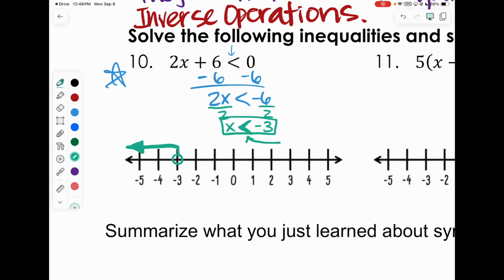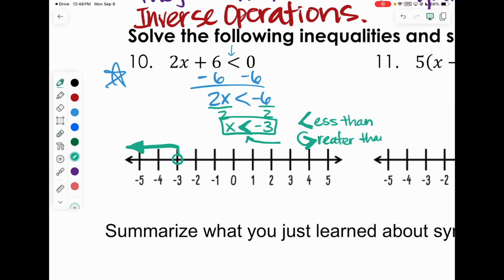Do you guys get confused with those names? If you do get confused with the inequality signs, this is what I used to tell my 6th and 7th graders once upon a time. Watch this. X is always on the left. This is less than. Do you see the L? And this is greater than.